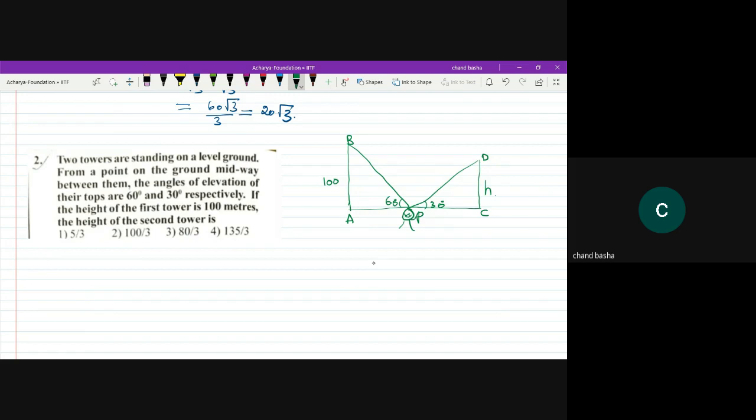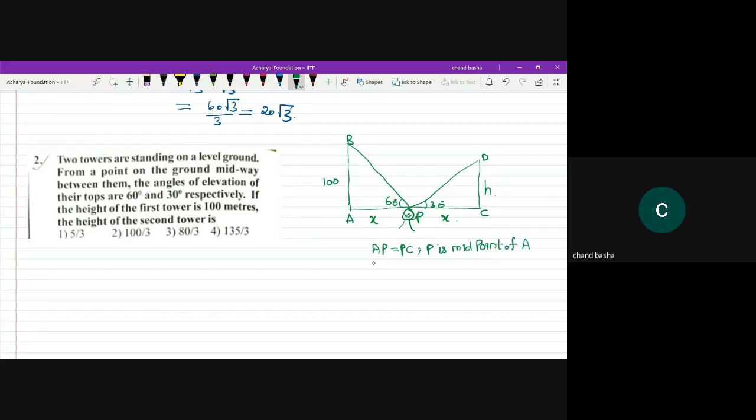Moreover, if I take AP equal to X, PC is also X, because AP is equal to PC. P is the midpoint of AC. We are standing midway between the two towers, so P is the midpoint of AC.